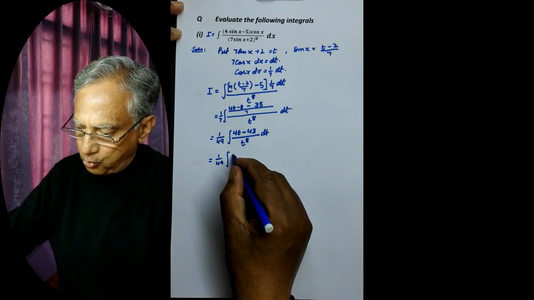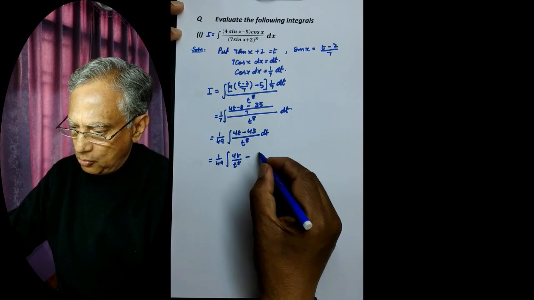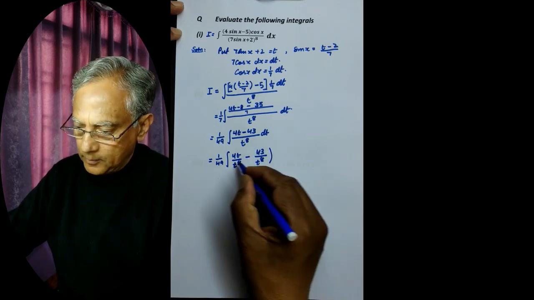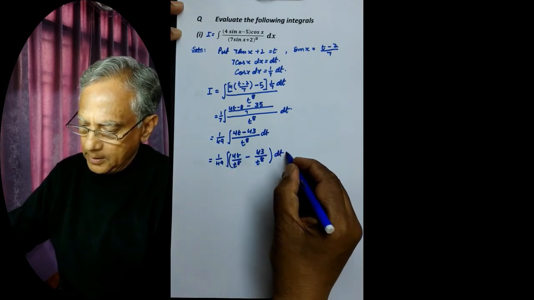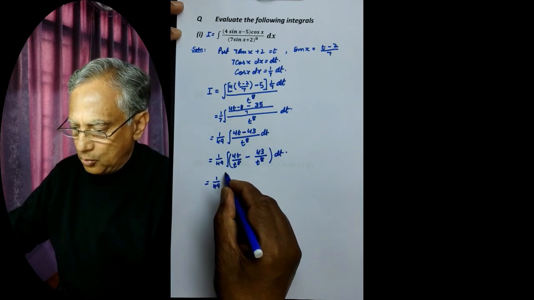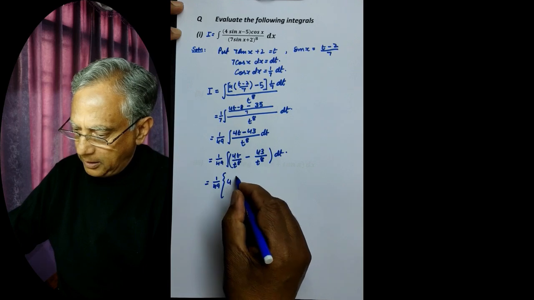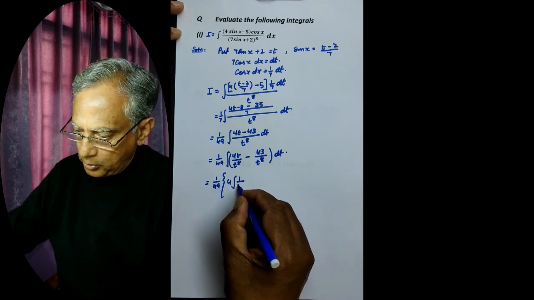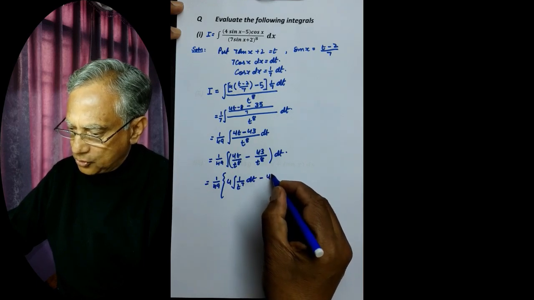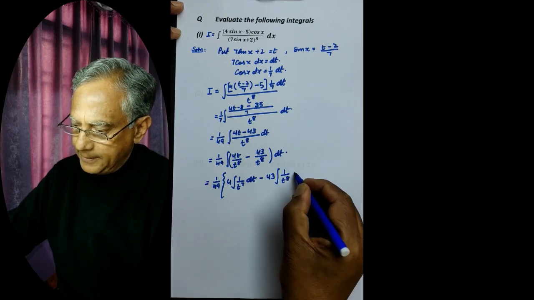We will write this as 4t by t to the power of 8 minus 43 over t to the power of 8 dt. So this will be equal to 1 by 49 into 4 integral of 1 by t to the power of 7 dt minus 43, which is common, integral of 1 by t to the power of 8 dt.